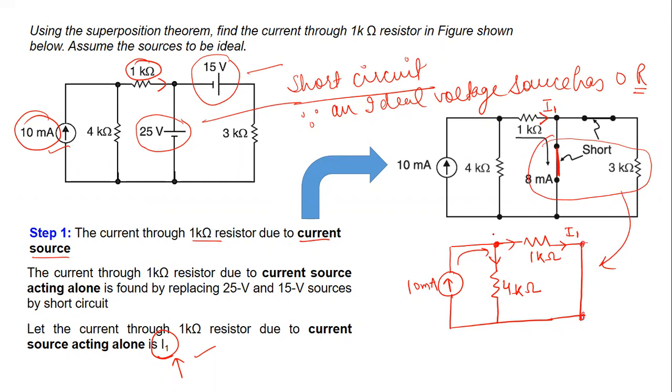Now in this circuit, let us say this junction is X and this is Y, for example. When this 10 milliampere current reaches junction X, it will divide into these two branches. Let us say this I1 current is flowing in the 1 kilo ohm resistance, which we have to calculate.